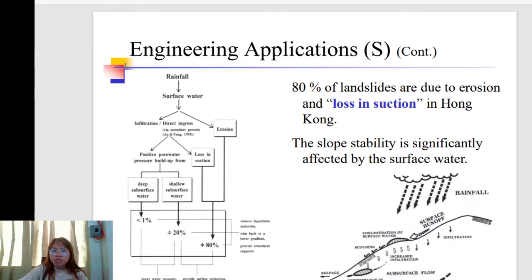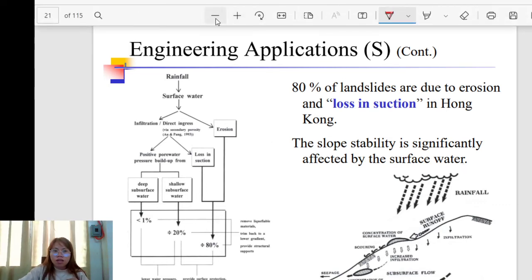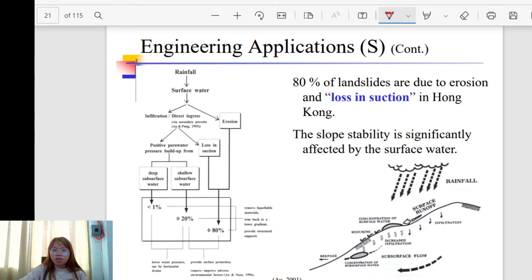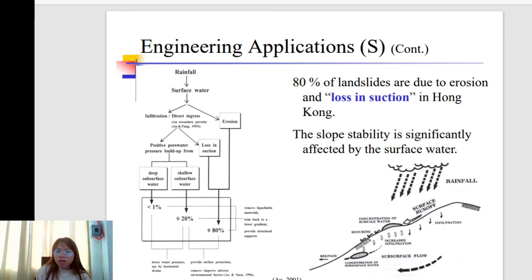In this figure, we have the rainfall, then surface runoff, then some will infiltrate into the deep subsurface and some into the shallow subsurface water, but most of the surface water will be the cause of the erosion.